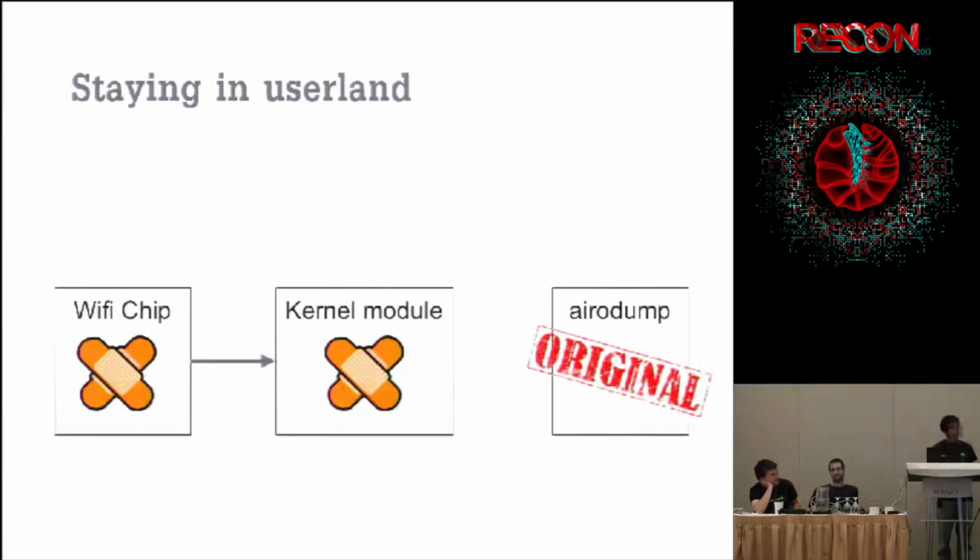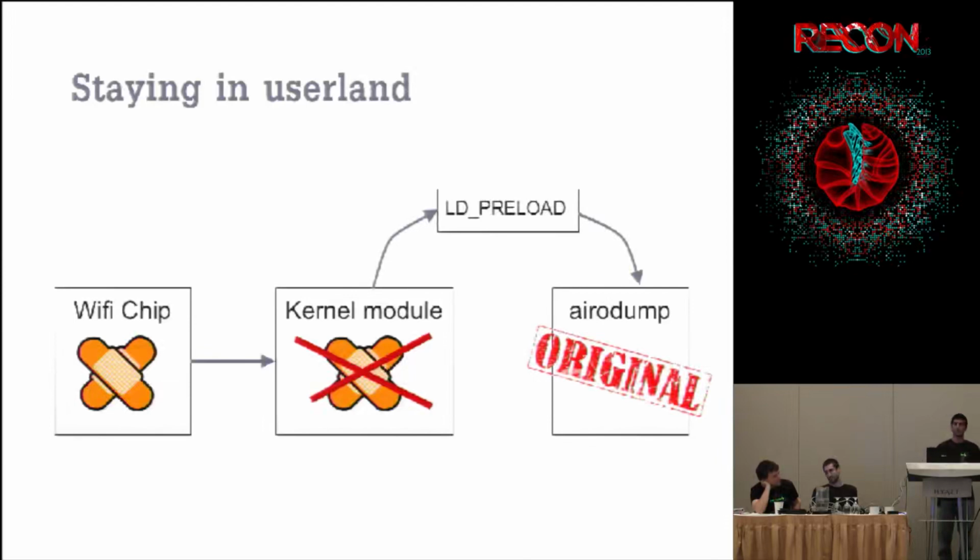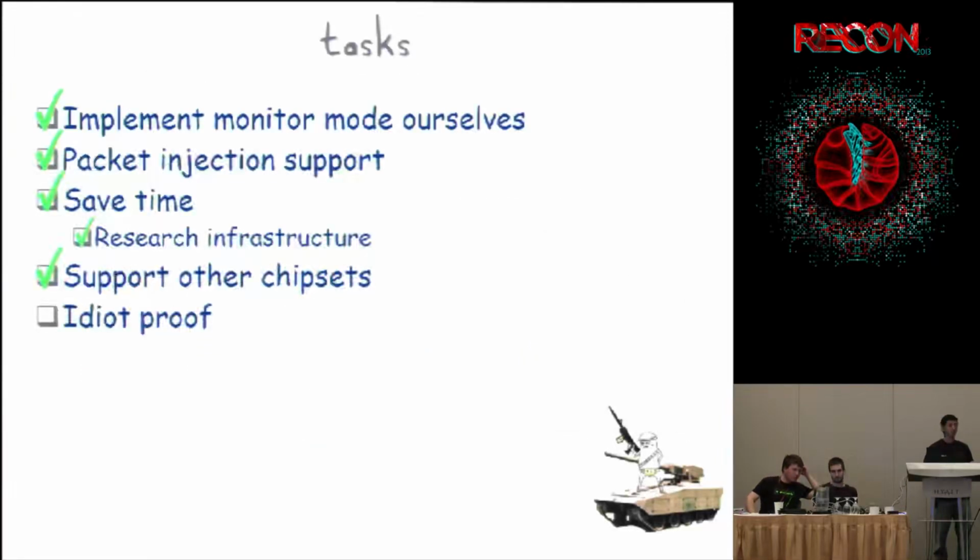So our new solution is no kernel module patching. We had the Wi-Fi chip still patched, of course, and LD_PRELOAD did the job for us instead of patching the driver. And now our solution, we think it's almost idiot-proof.